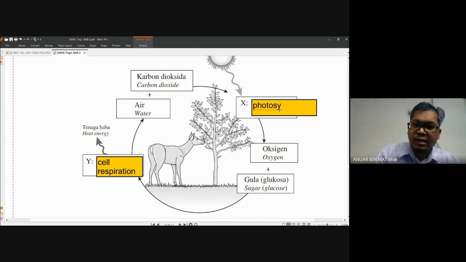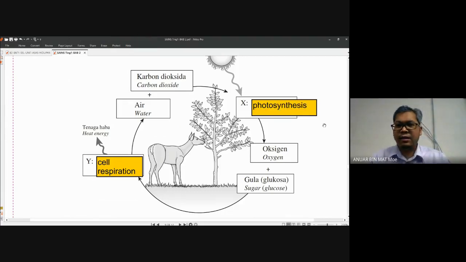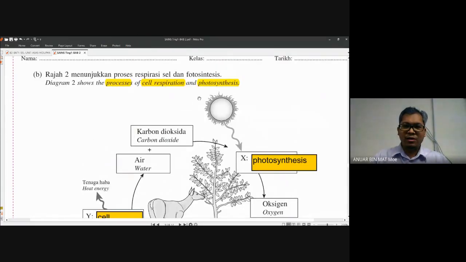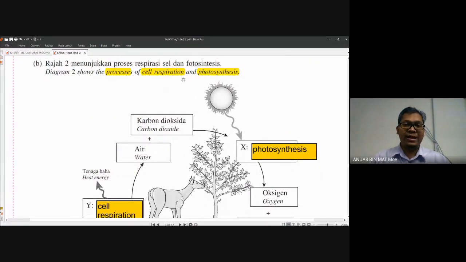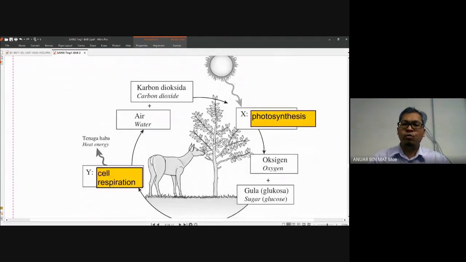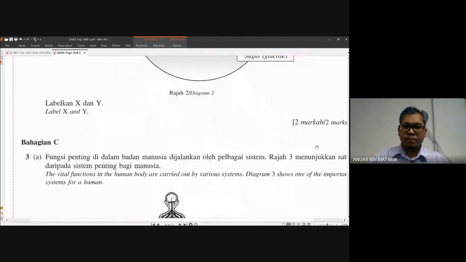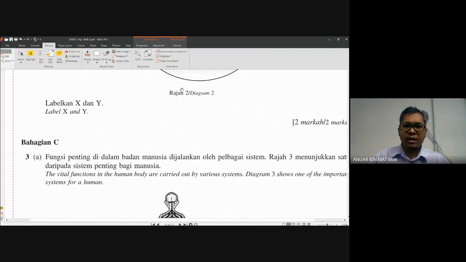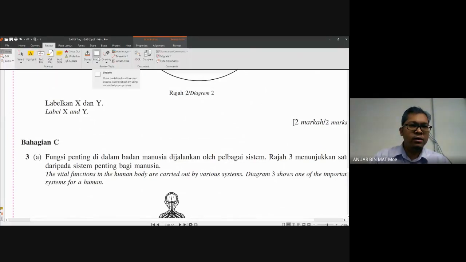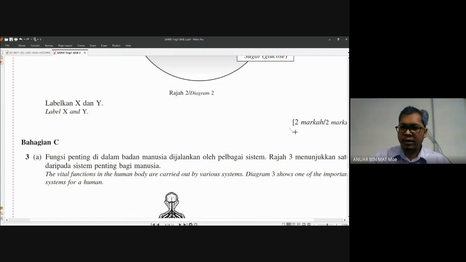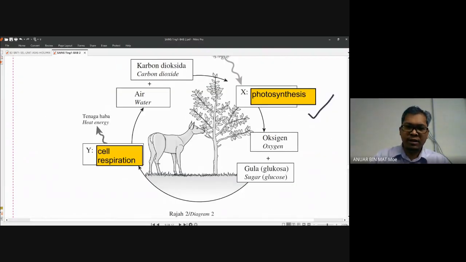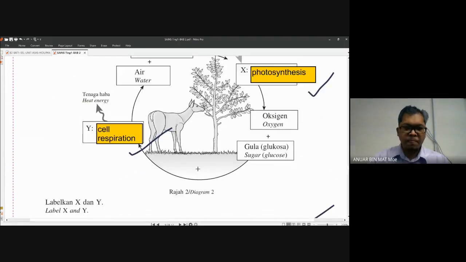Sometimes you will get the answer from the question. So you already label it, 2 marks. Photosynthesis and respiration. Okay.